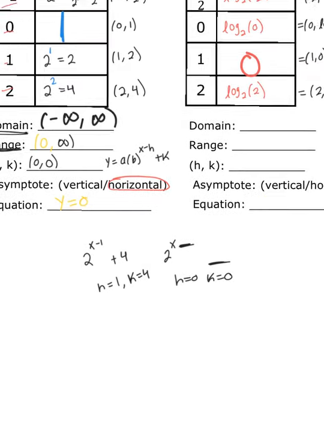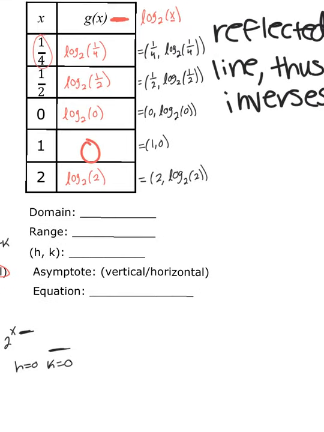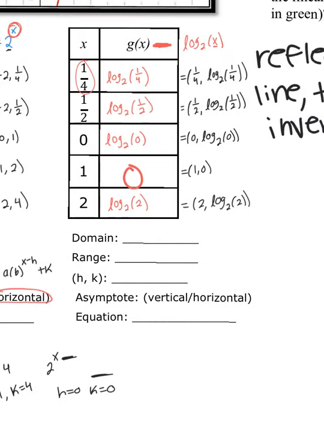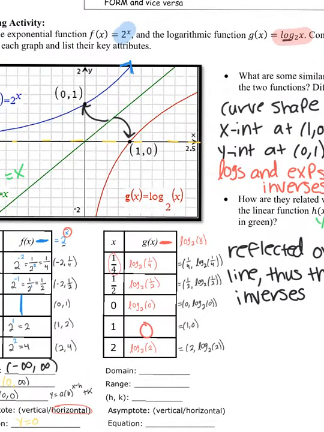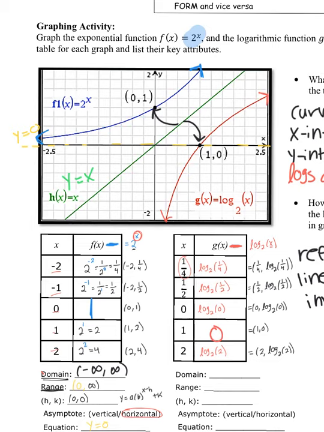Okay, moving over to our red function, the log function. So domain and range, let's take a look at our graph here. This graph is going to go on forever in both directions. But something kind of tricky about the log graph: remember that your domain looks at x values.